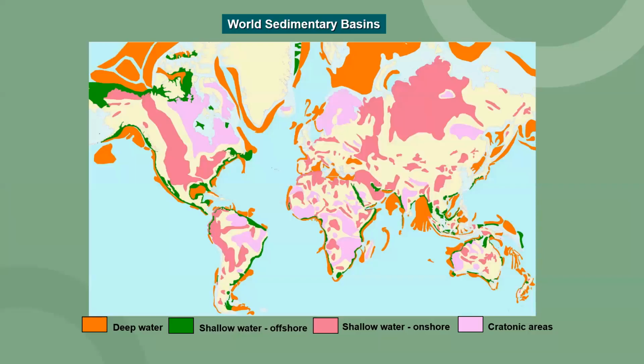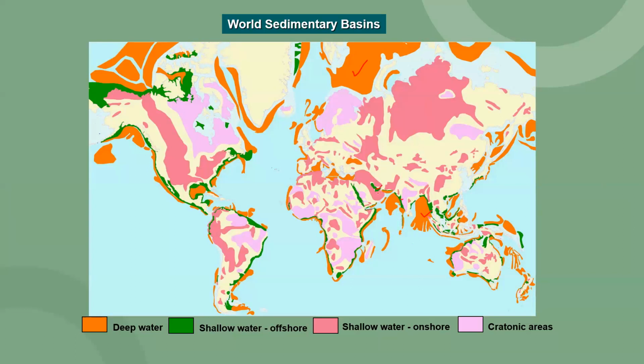If we look at the world sedimentary basins, from regional case studies or regional geological studies, you can get the sedimentary structure of the basin. Here is one example. You can see the orange color shows the deep water basin. Then the green is normally at the shelf.